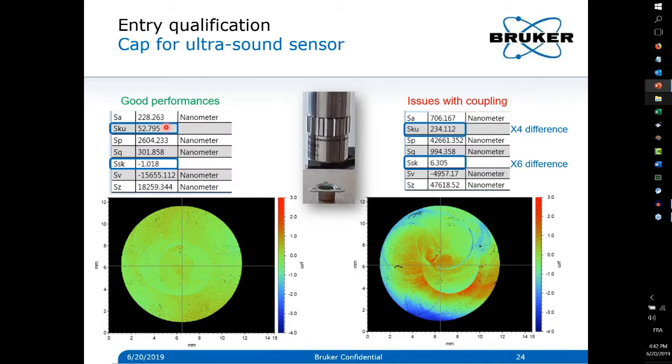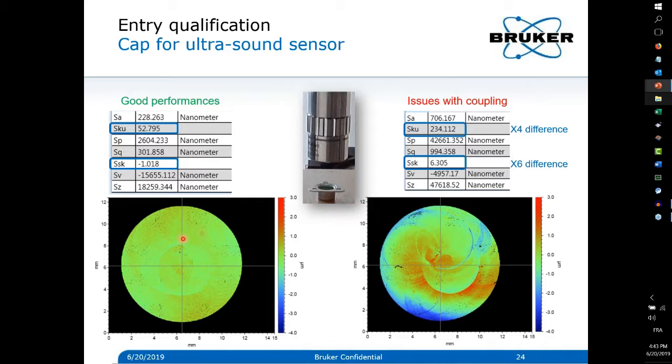What we can see is, of course, the Sa varies, but it varies only by a factor of 3, while kurtosis and skewness will vary by a factor of 4 and 6. What is interesting as well is that kurtosis will immediately tell you whether you have burrs, and those burrs will prevent the proper mechanical contact between the ultrasound sensor and the bottom of the cap.